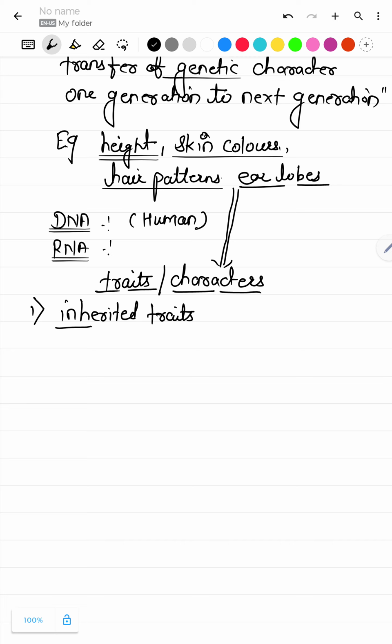Inherited: the trait or the feature which is transferred by parent to offspring through reproduction.